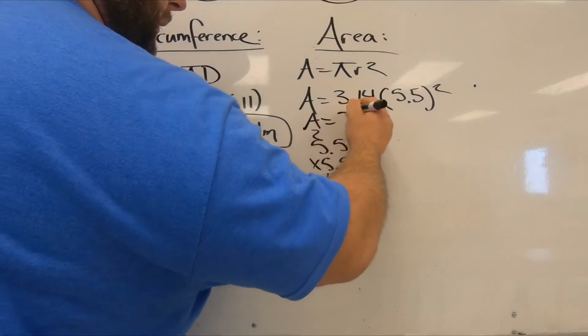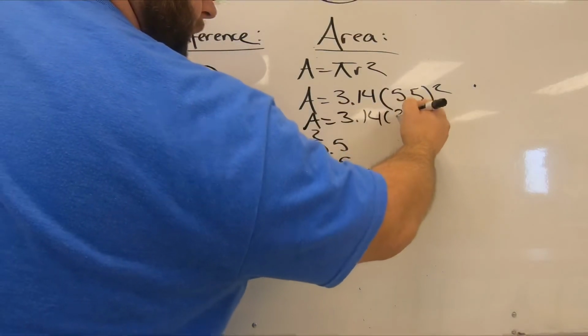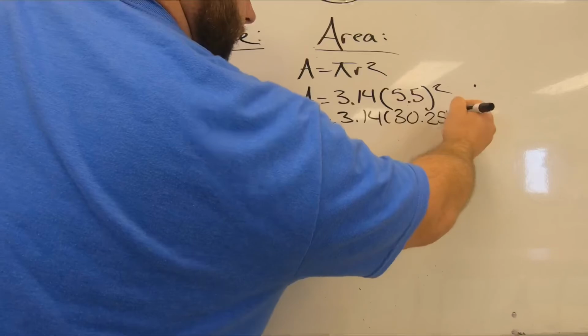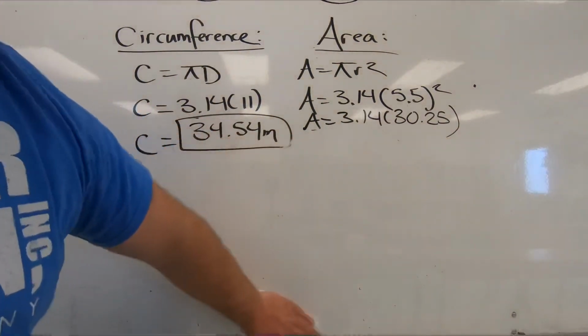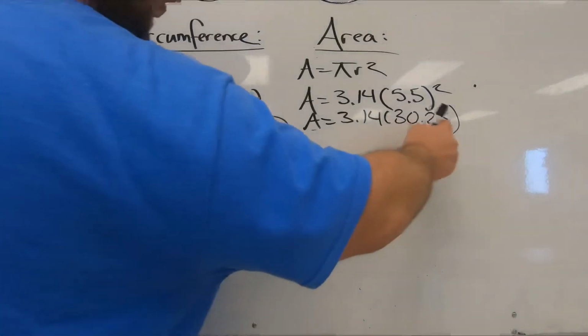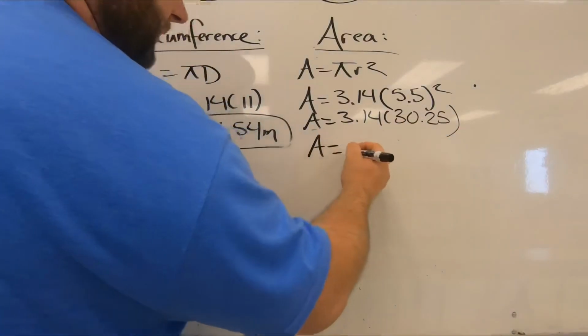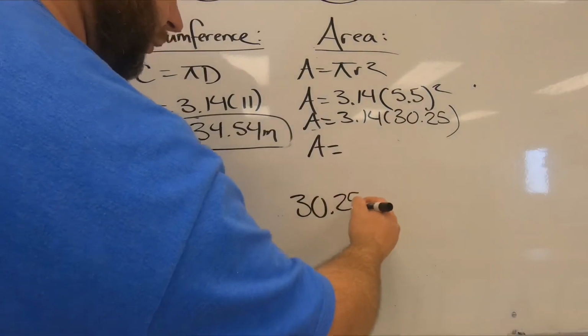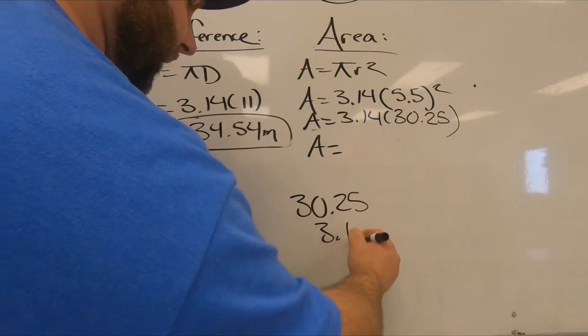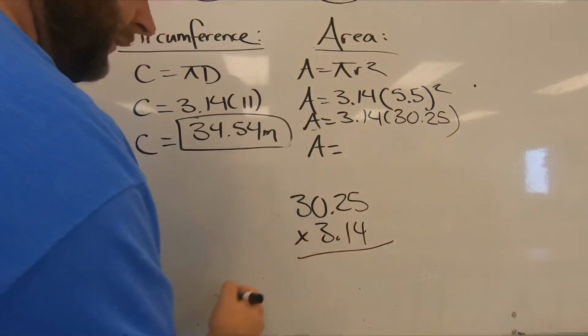So we need to go ahead and multiply now. Now that we've squared our radius, we simply need to multiply the squared radius of 30.25 by pi at 3.14.